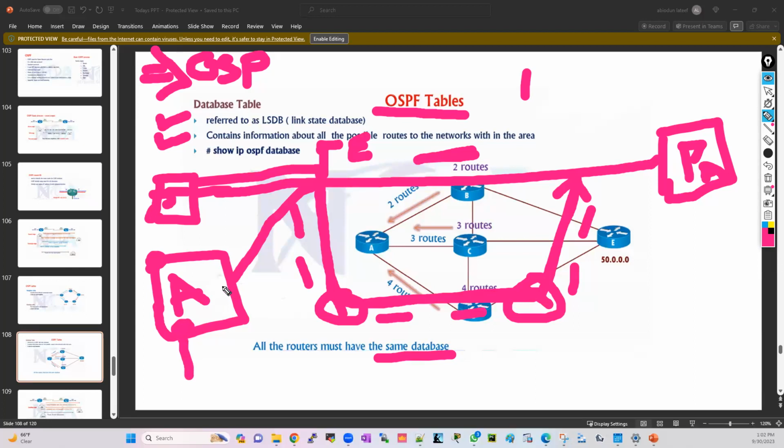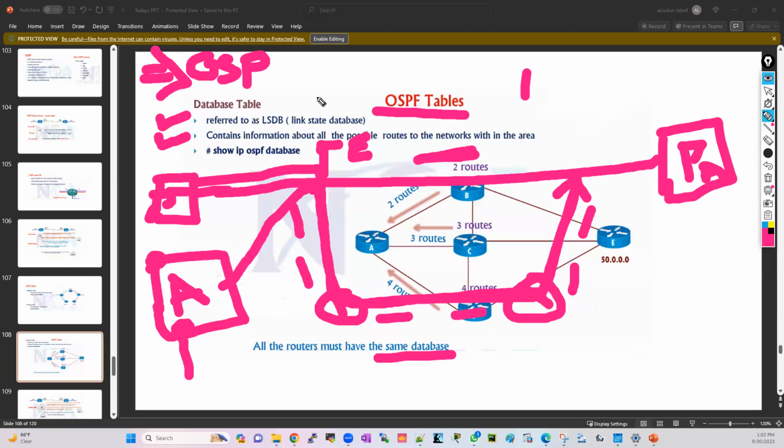The destination address is put in, and it gives us the available routes to that destination. That is the same pattern OSPF follows.